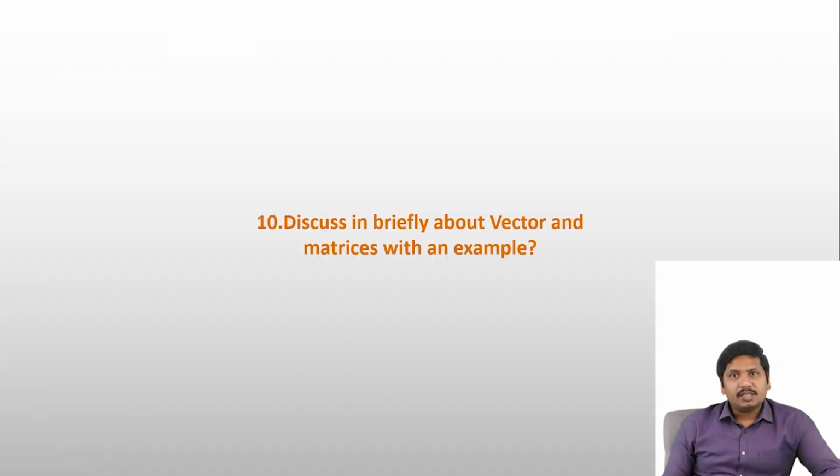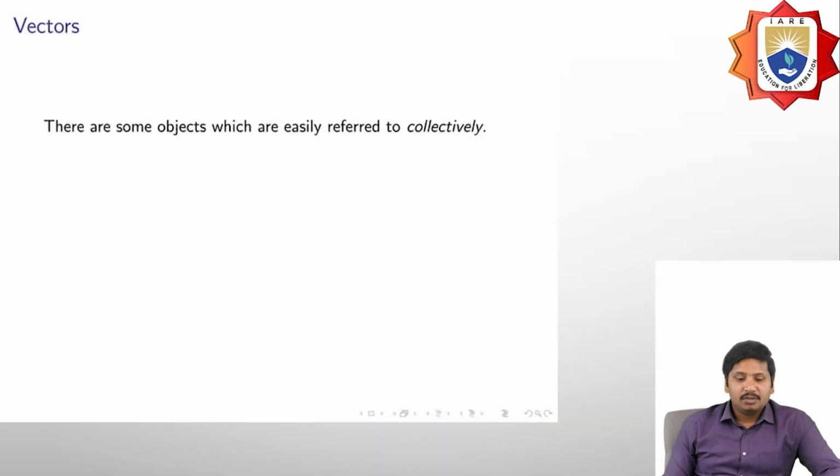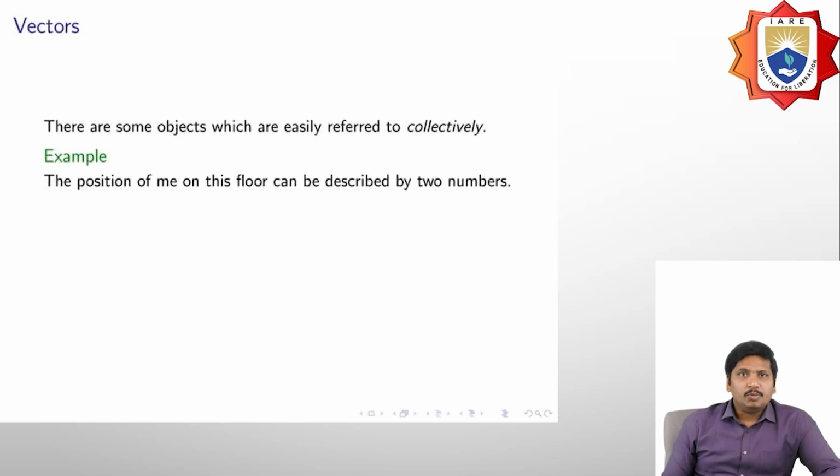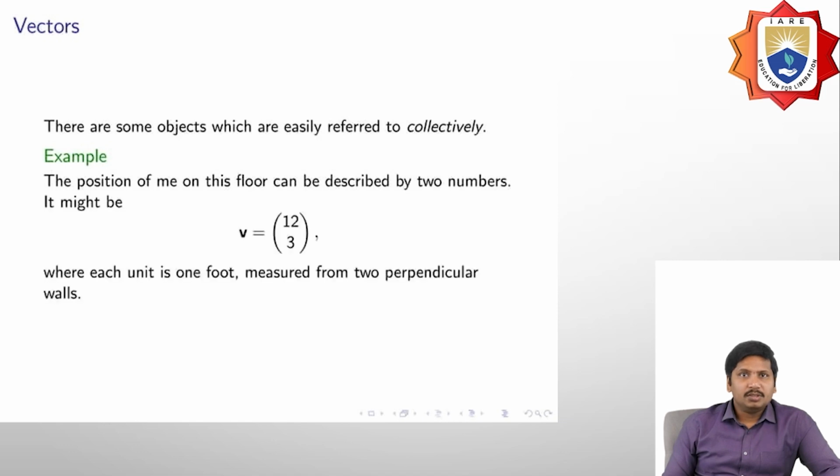And the next one is: explain briefly about the vector and the matrices with an example. So a vector is sometimes collectively called an object which can be easily referred to, and the position of a person on this floor can be described by two numbers. So I can write it as the vector 2, 3.